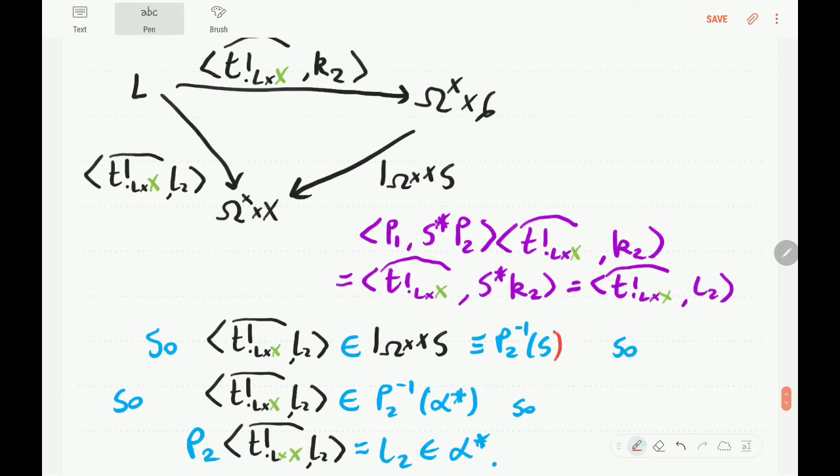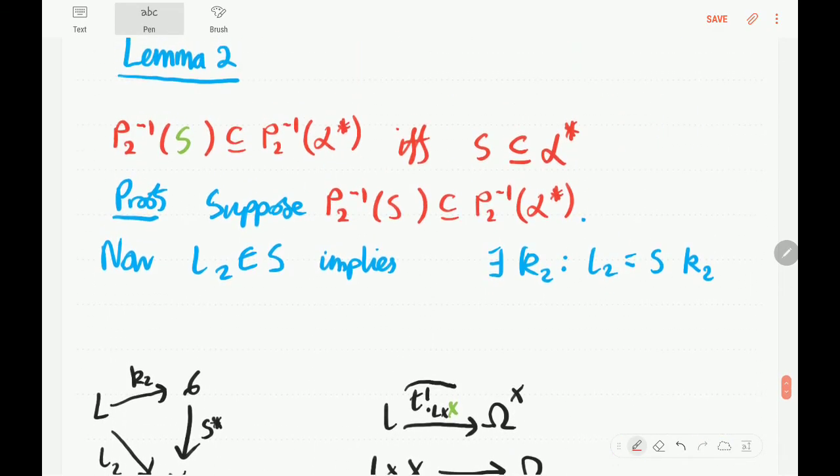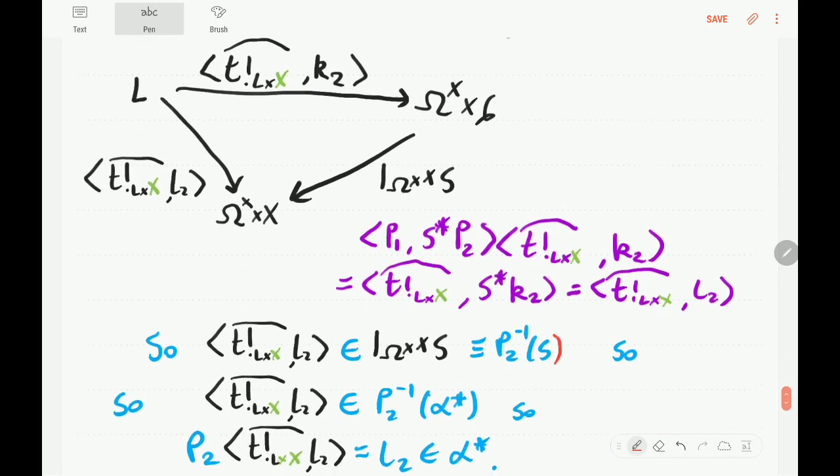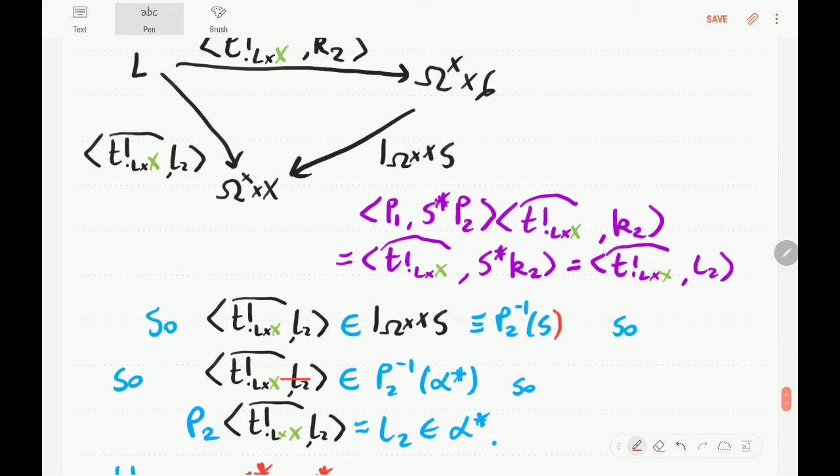And so since we're assuming that the pullback of S along P2 is contained in the pullback of alpha star along P2, as we said up here, then it must be that Z comma L2 is in the pullback of alpha star along P2. But then that means that P2 after Z comma L2 should be in alpha star, by how the inverse image works in terms of elements. And we know that P2 after this is just L2. So we've finally got that L2 is in alpha star.